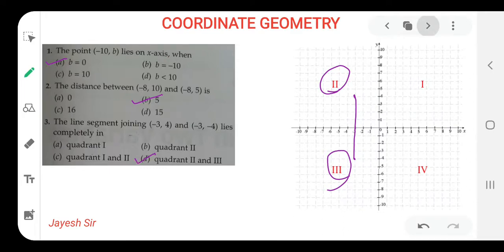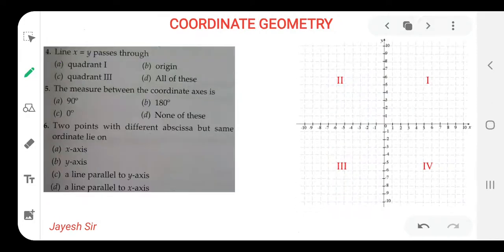Let us begin with the next slide. The line x equals y passes through what? This is the same type of MCQ we discussed in the previous video, points having values x and y equal. The same thing is asked in different language.